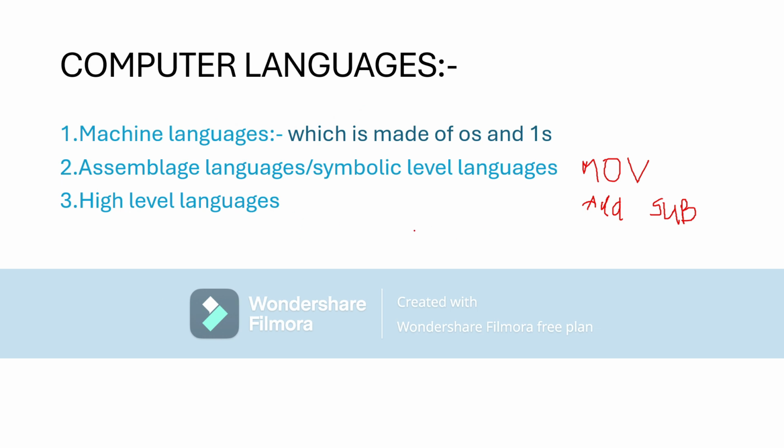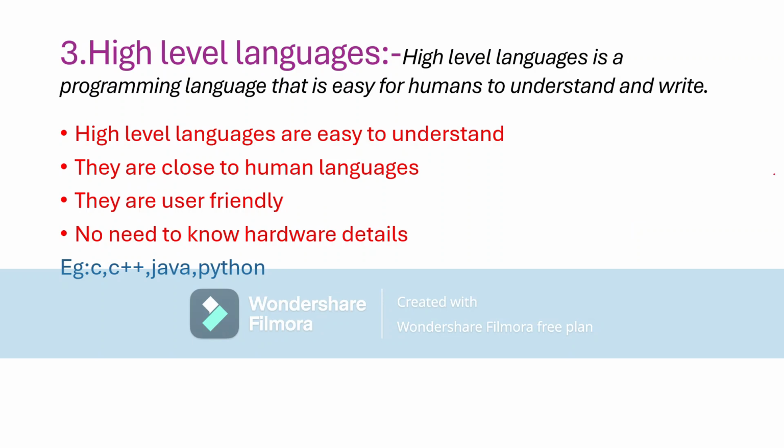The computer language is divided into three types: machine languages, symbolic level languages, and high level languages.